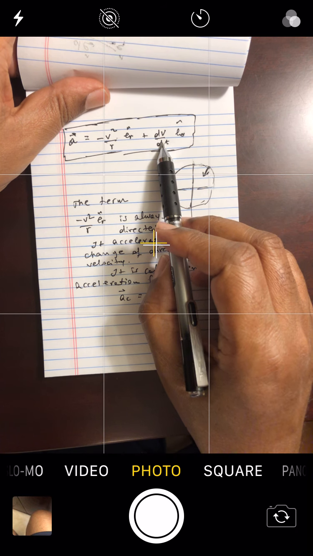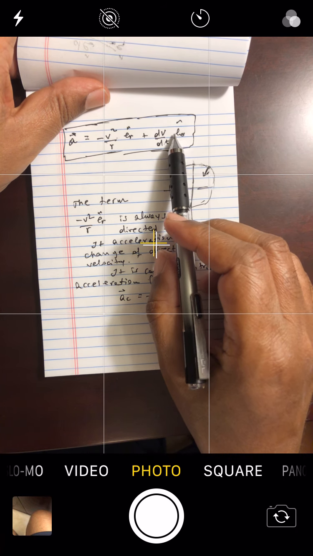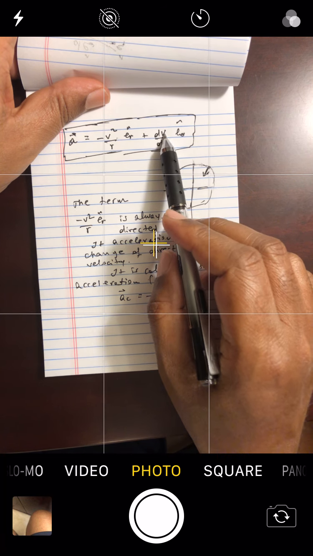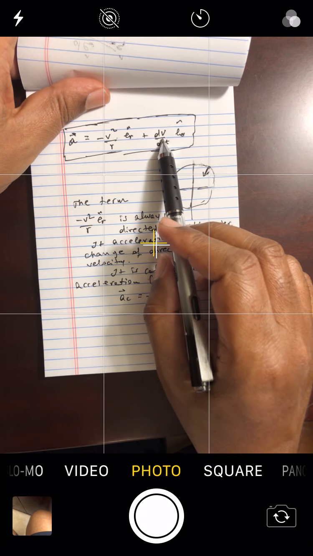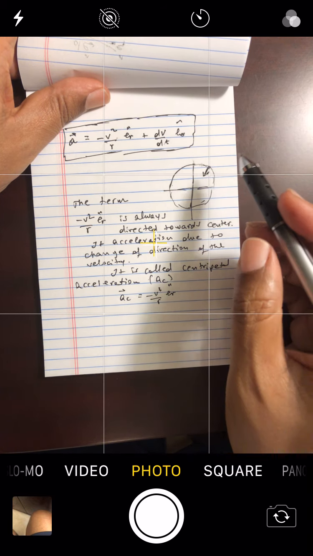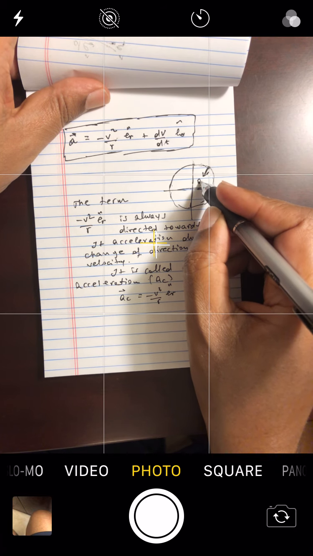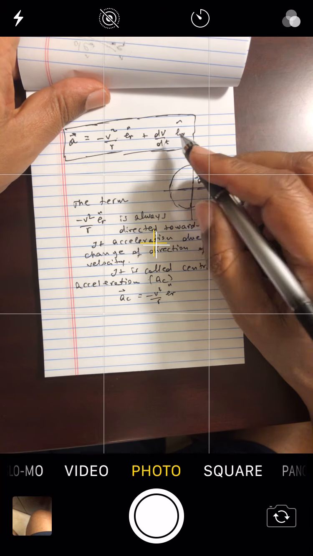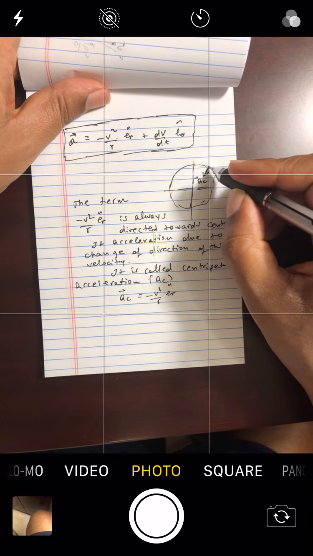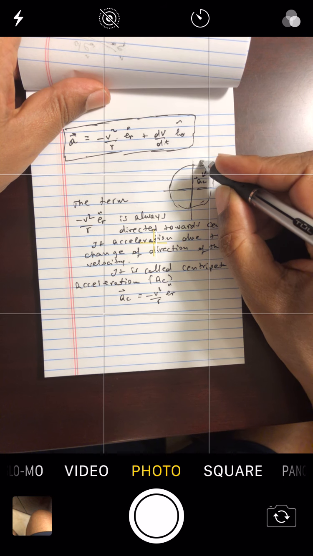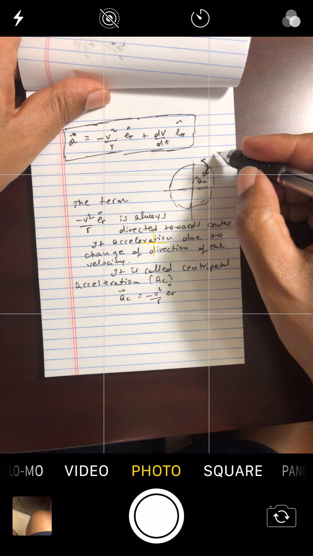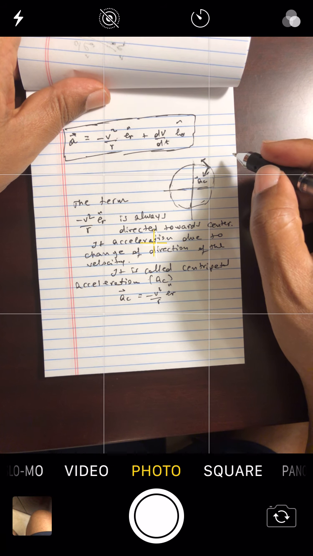But the second term, you see, we kept the direction constant and we took the derivative of the speed. So this is acceleration due to change of speed, and its direction is tangent to the circle. You keep the direction of the velocity, which is tangential, but then you take the derivative of the speed, and that's called tangential acceleration.